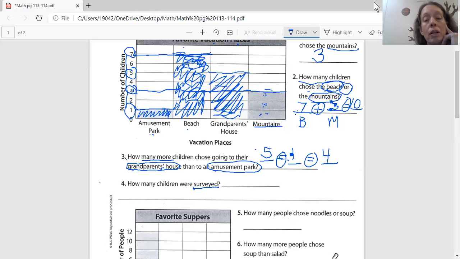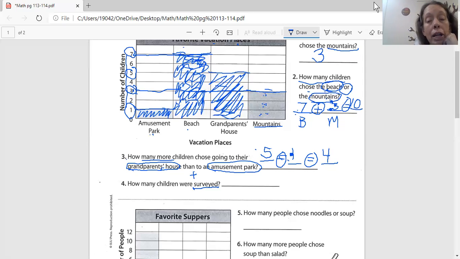I know that how many is, if I look at my wall chart over there, an operation word for add. So I know I'm going to need to add to get my answer. How many do we have to add? Let's find out.